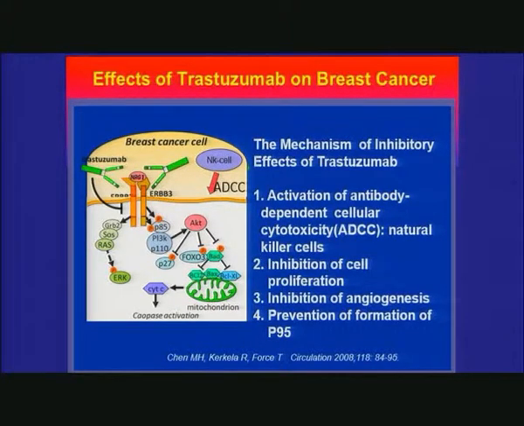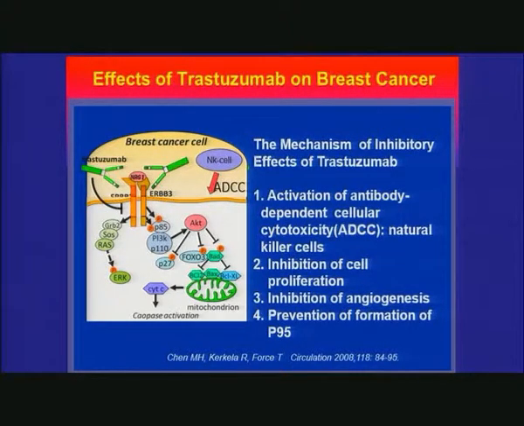And this slide shows the intracellular signal transduction in the breast cancer cell and the effect of Herceptin. In several pathways, Herceptin blocks the growing of the breast cancer cell.